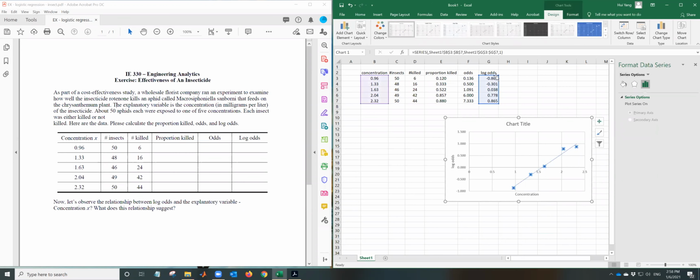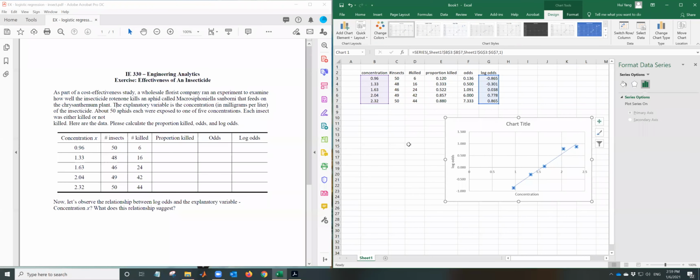If we plot the number killed, this will be different because you might have different numbers of insects. So it's better to model the proportion killed, and then we go to the log odds.